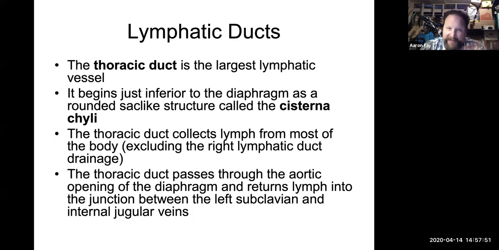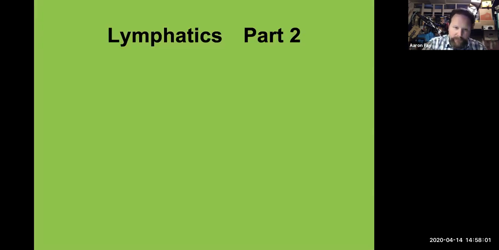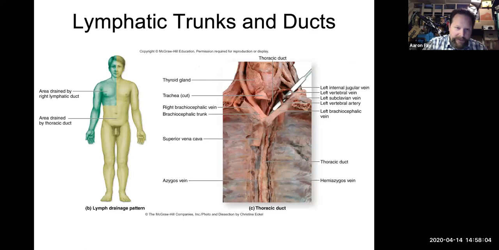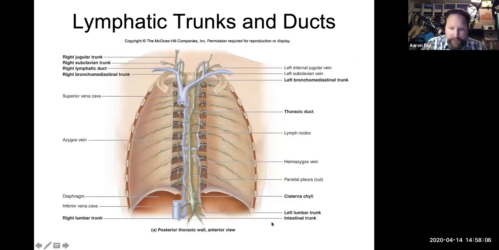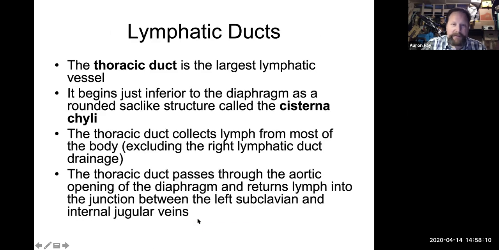The thoracic duct, also called the left lymphatic duct, is formed by the lumbar trunks, which eventually drain the legs to form the cisterna chyli. Cisterna chyli drains into the thoracic duct. Thoracic duct is then going to drain into the union of the left internal jugular and left subclavian veins.